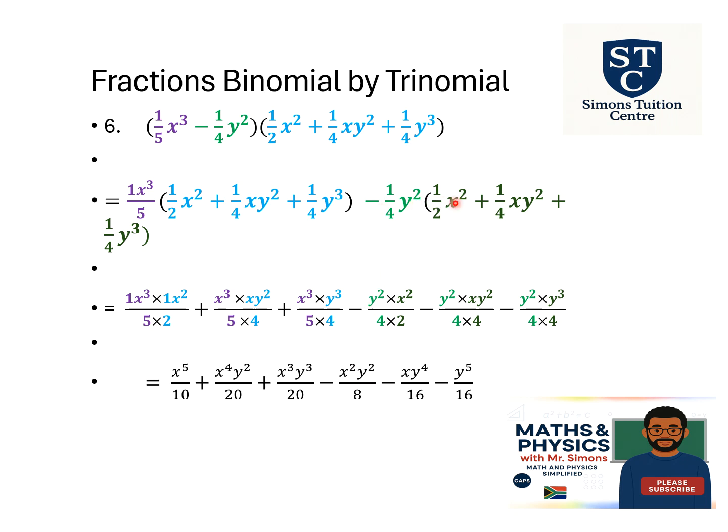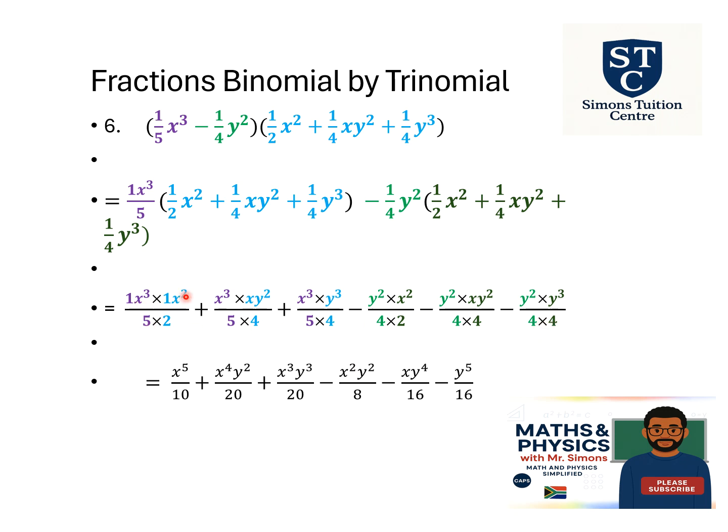Y squared times x squared, 4 times 2. Then negative times positive gives me negative. Y squared times xy squared, then 4 times 4. For the last one, negative times positive becomes negative. Y squared times y cubed on top, and then I have 4 times 4.